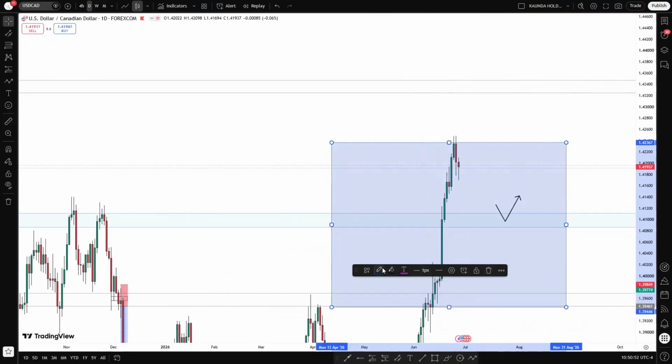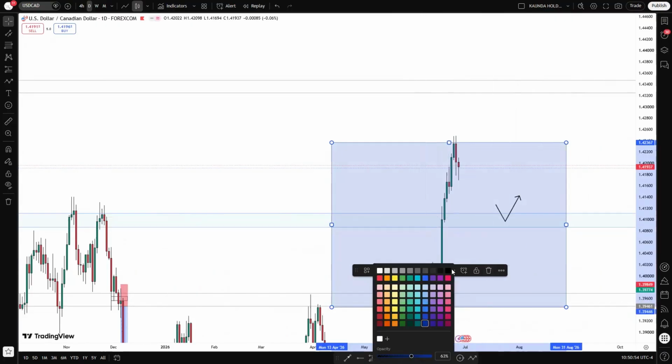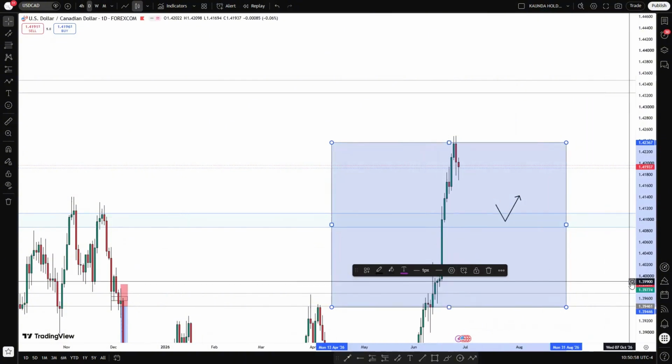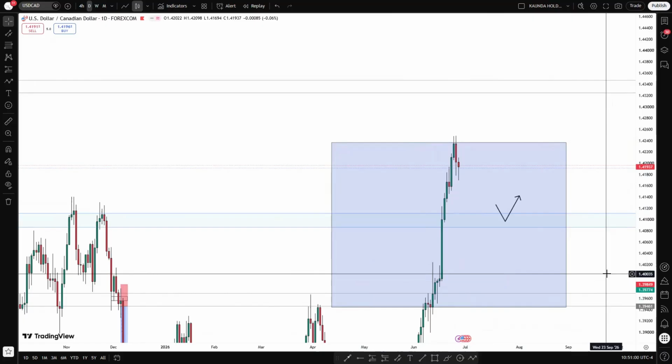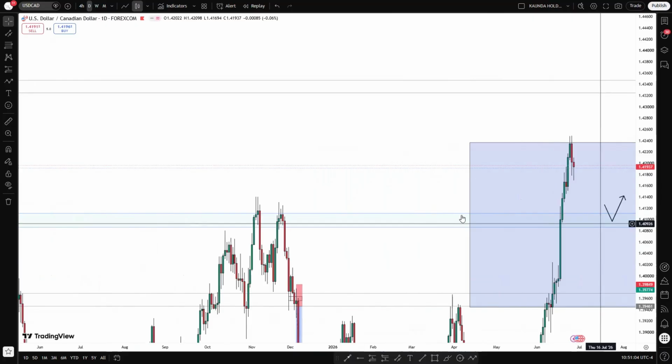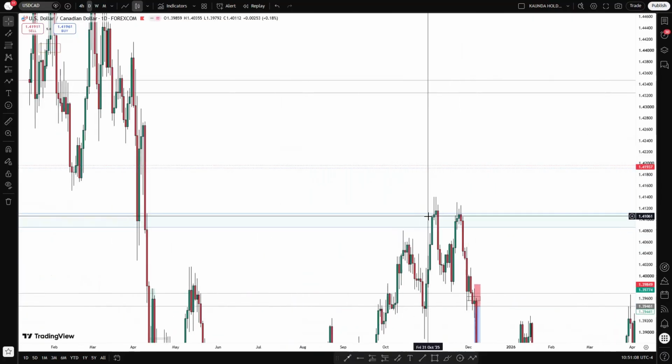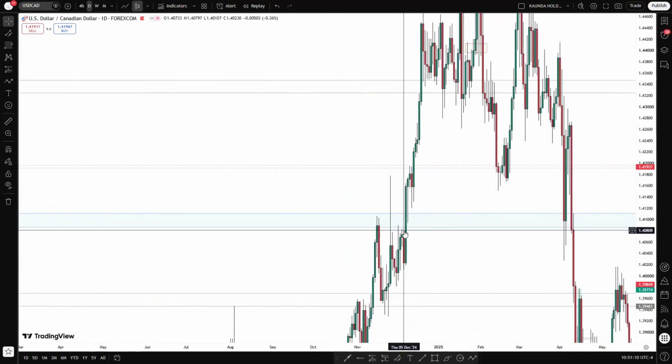This is the only level we can catch a buy from. So if you look at this level, we also have price reacting from it multiple times. 1, 2, 3, 4. That's enough.